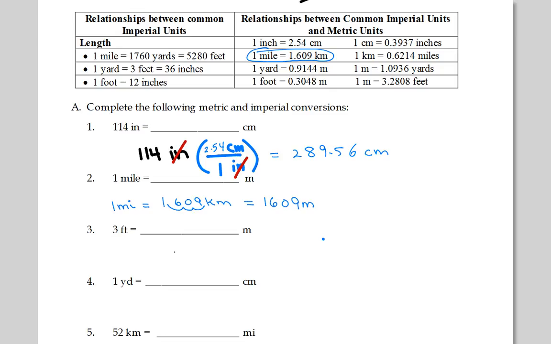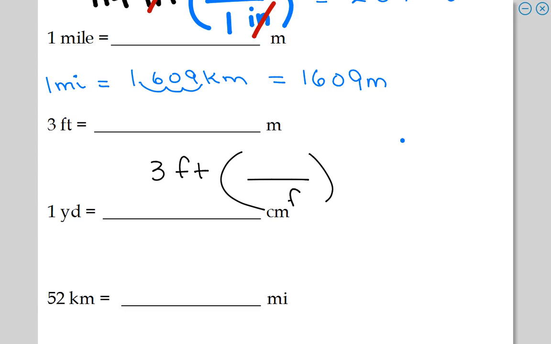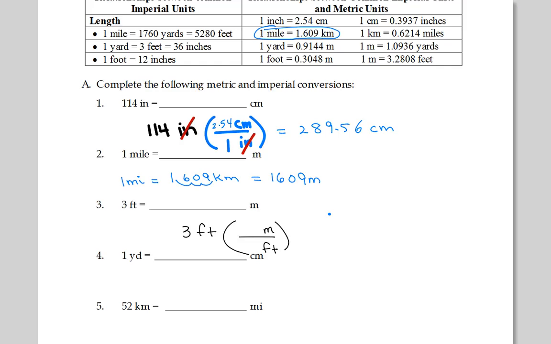So you want the feet to cancel, and you want to be left in meter. So where do I put the feet, bottom or top? Put it in the bottom, put the meter in the top, and then what's the relationship between feet to meter? Good.